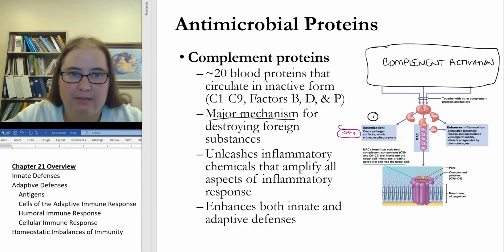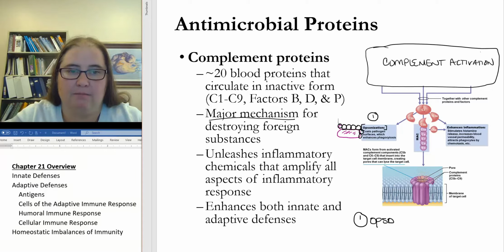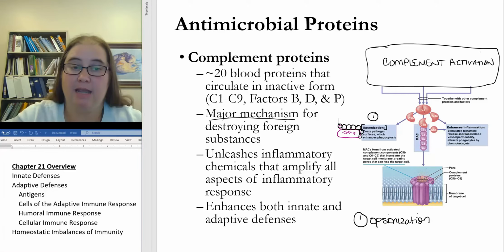It's going to coat that pathogen in a process called opsonization. So the first thing that's going to happen is opsonization, again, the coating of this pathogen.